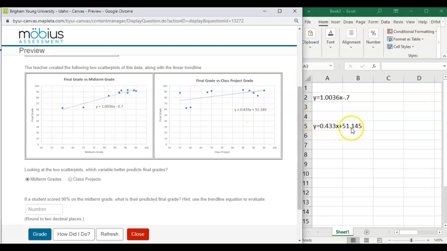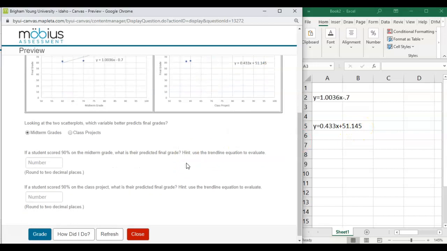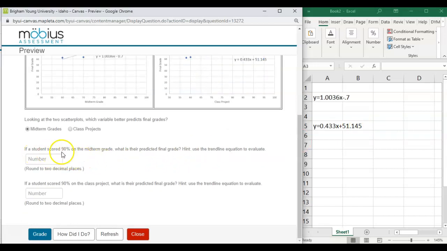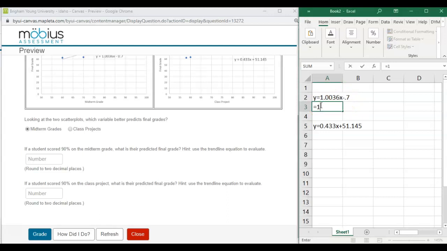0.433x plus 51.145. Those both look good. So now the question is asking if a student scored 90%. So that means that's my input here for the variable x. And I'm going to type it in here. And be careful with my typing just to make sure that I don't make any errors here. 1.0036 times 90 for the 90% minus 0.7 would give us our answer.